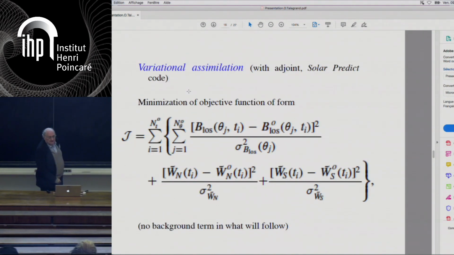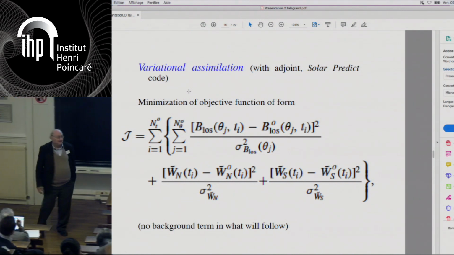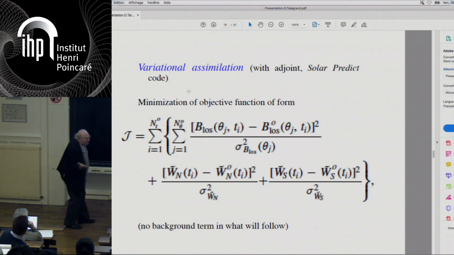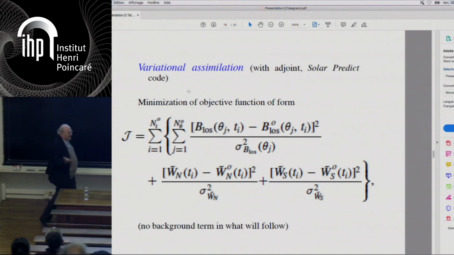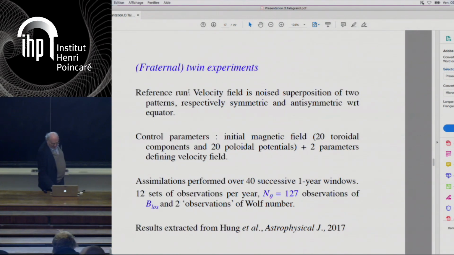So we did variational assimilation of that, minimizing an objective function of a standard form, deviation between the observed values of the line of sight magnetic field and the model value, plus deviation of the number of sunspots as observed and as simulated by the model. So in the first set, we do twin experiments, not identical.